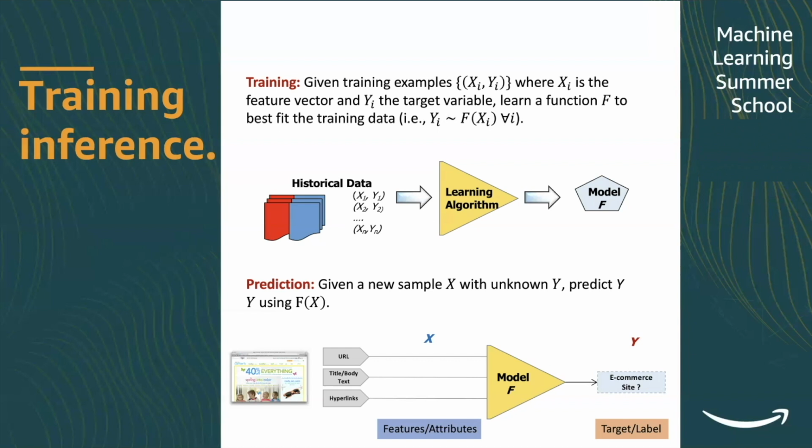And you'll see in later lectures that when you move to deep networks and things like that, you no longer handcraft these features, but you rather learn them from the raw data itself. But even then, irrespective of what method or algorithm you use, you will always need to encode it into a numerical vector that contains that information. And this is what X here represents. It's the features or the attributes. It could be raw data like pixels of an image. Nevertheless, it's a numerical representation of your input.